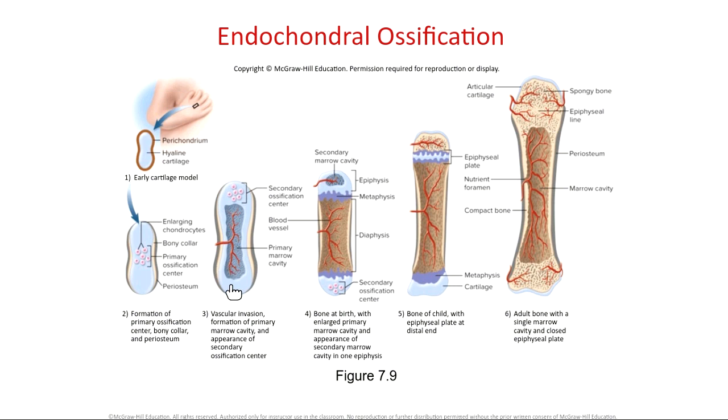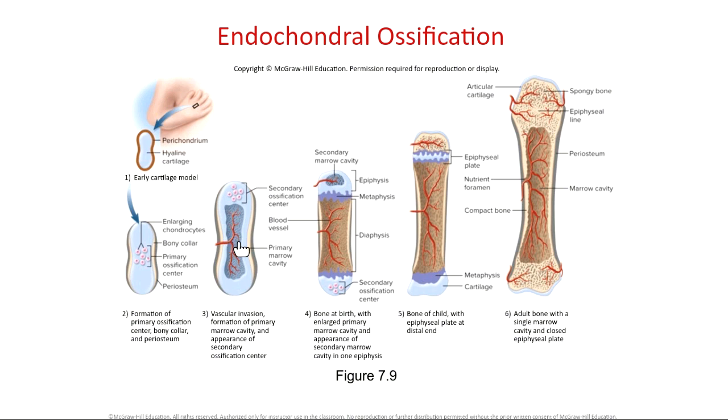At the third stage, we're going to start to see that this primary ossification center has developed even greater. The reason for that is that we have now had the invasion of arteries. This is a nutrient artery. A nutrient artery that has a lot of nutrients is going to invade the primary ossification center.